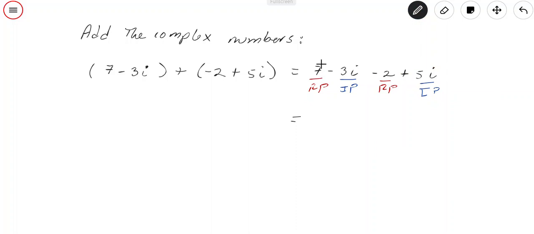So real with real, 7 minus 2 is 5. Imaginary with imaginary, negative 3i plus 5i, that would be just 2i. So what did I get? 5 plus 2i. So when I am adding the complex numbers 7 minus 3i plus negative 2 plus 5i, my solution is 5 plus 2i. It's super, super easy. Let us see how we subtract complex numbers.